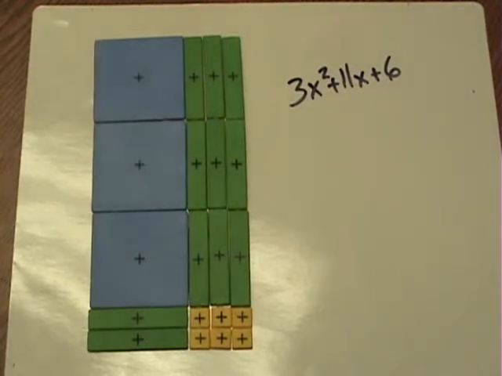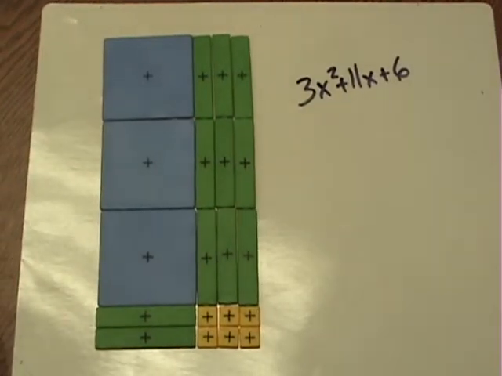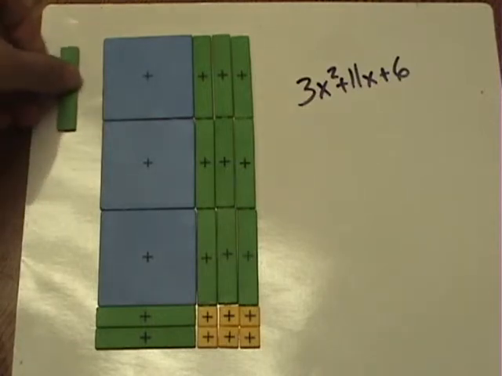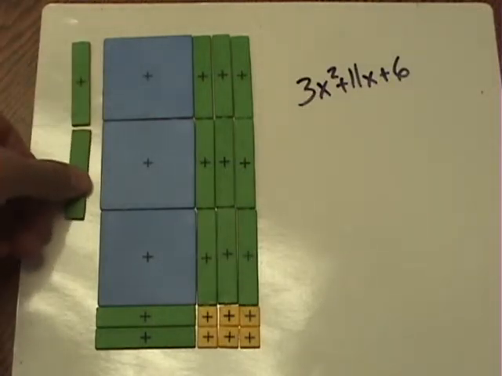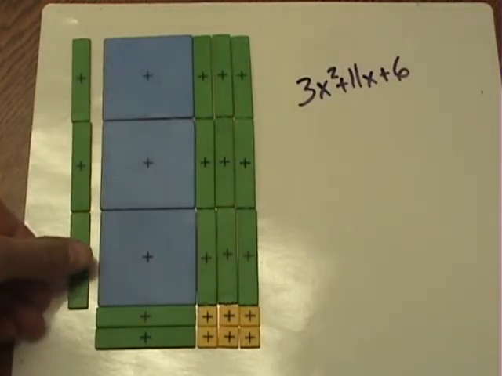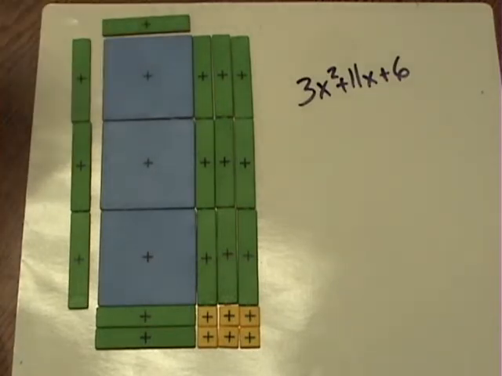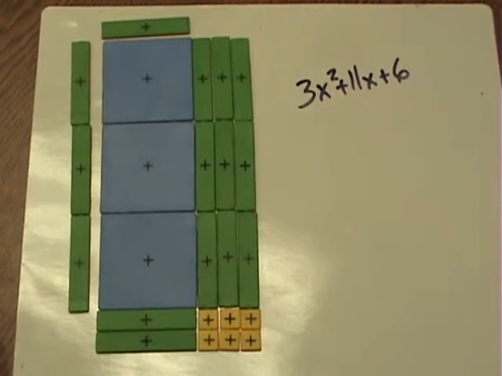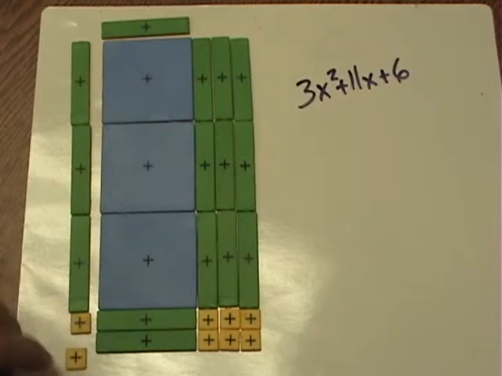So now all I have to do is go ahead and on the outside set up tiles that are the same measurements long. So since these are x long, I set up some algebra tiles that are x long and set one up there at the top. Now these down here are only going to be 1 unit in width.